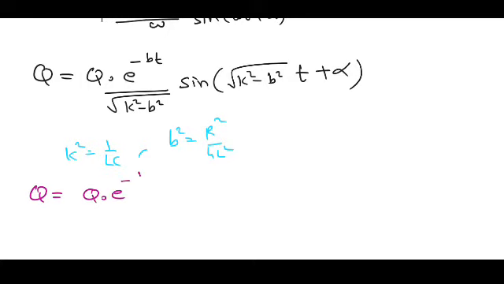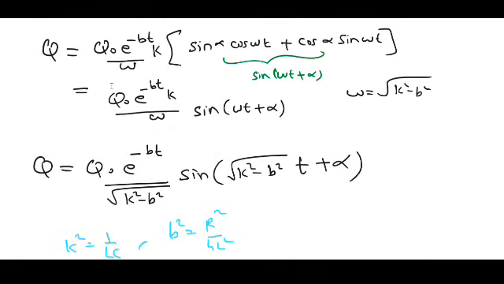q0 e power minus r by 2l into t divided by root of 1 by LC minus r square divided by 4l square into, here I missed the k. Here we should have one k.